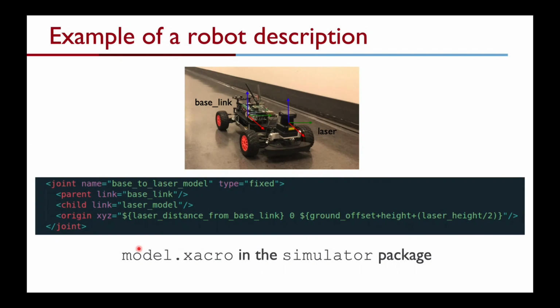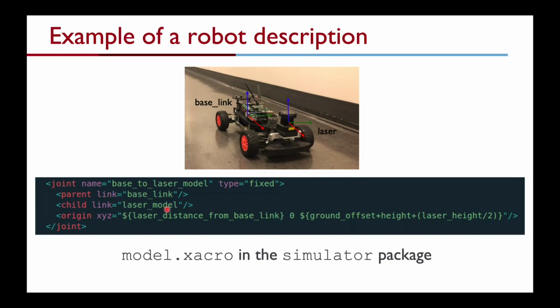In fact, in the simulator, we haven't discussed too much about how the simulator functions in terms of how we are rendering or defining the robot. I did spend some time talking about the URDF file and the different components of the Gazebo simulator, so you may want to go back and check that lecture. But you can see that in our simulator, we are describing the parent link for the car, which is the base link, and the child of this parent link is the laser link, or the laser model.